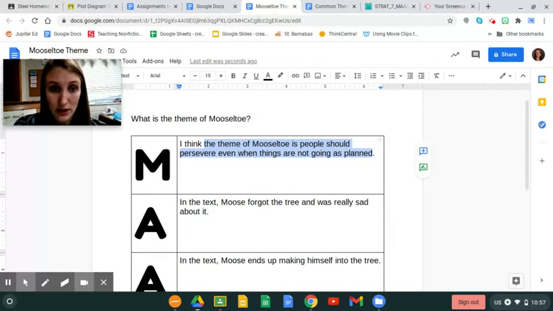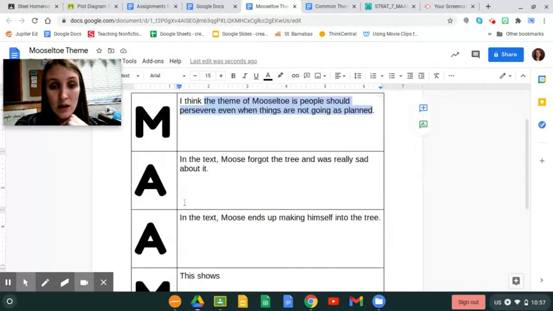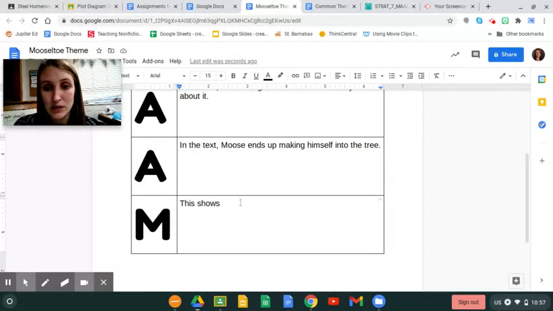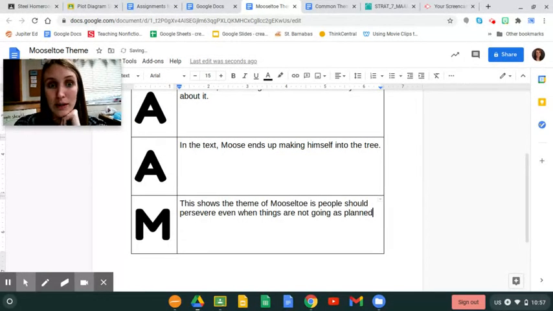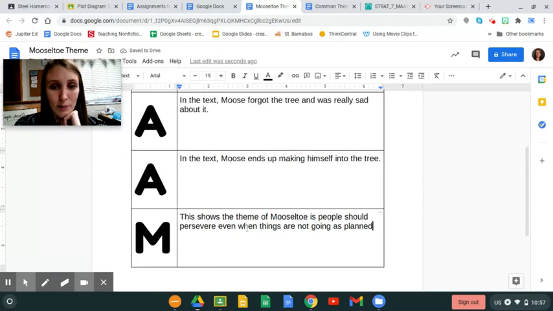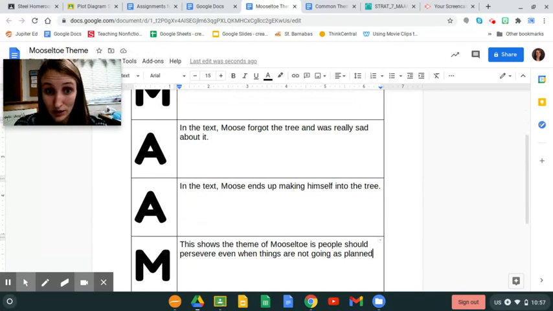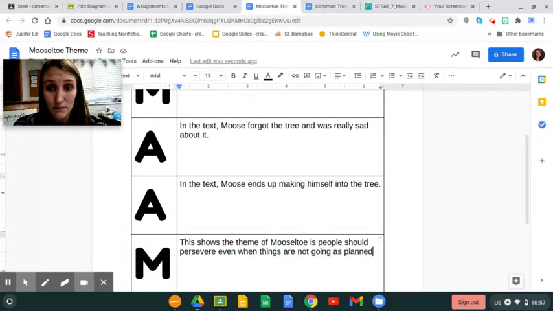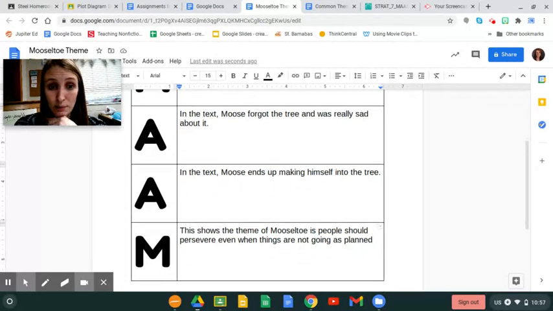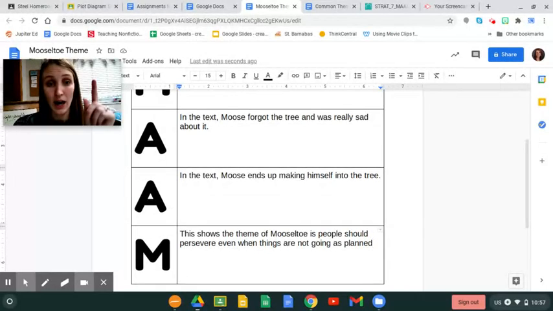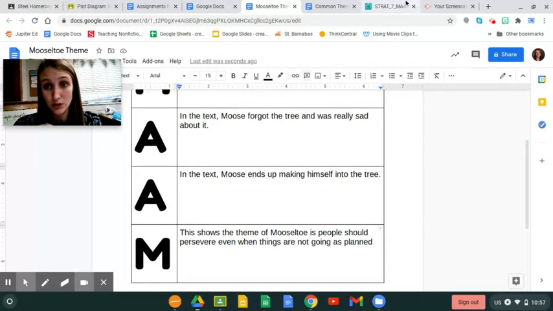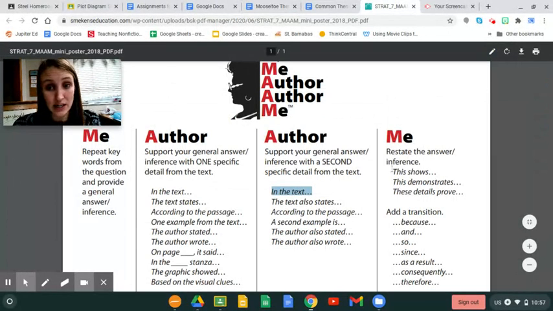So I'm going to press Control C to copy, or you can right click, and Control V to paste it. You guys can just retype it if you want, but you're literally putting the same thing for that part there. But I'm not done. I restated my question, right? I restated it. I said, this shows that the theme is this.